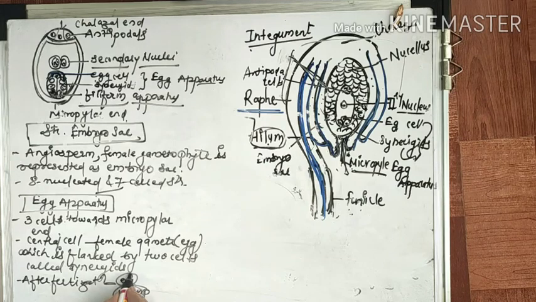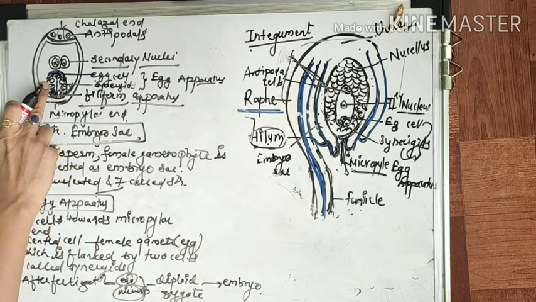They fuse to form one structure, called a diploid zygote, which later develops into the embryo. And you can see these synergids.